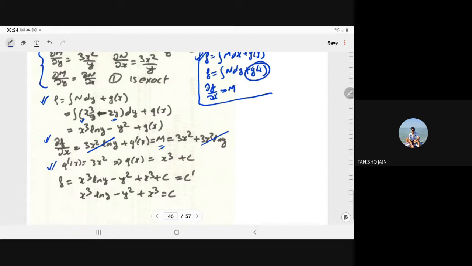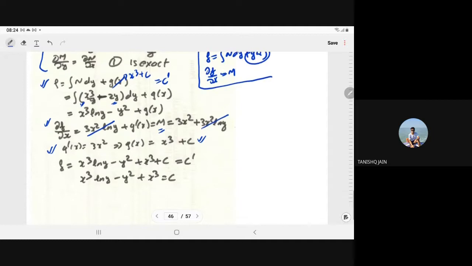So you can judge that it is an explicit expression of x. So g(x) will become x cube plus c. So what is the solution? The solution is f is equal to c dash.